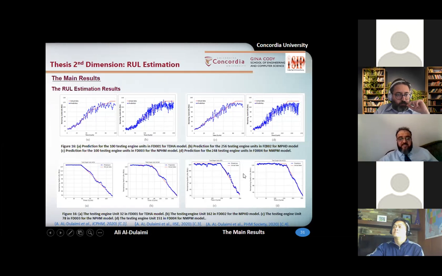The same in the second figure, where we randomly selected 4 different units and tested the prognostic on them. We can see that the accuracy is in line with the previous results.